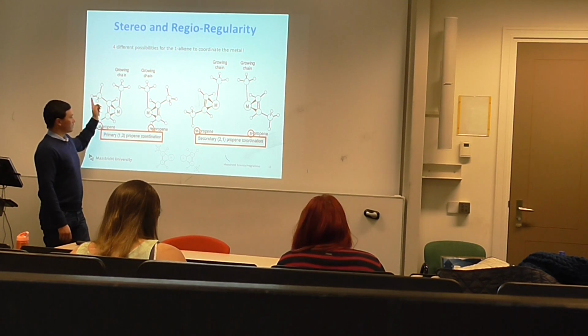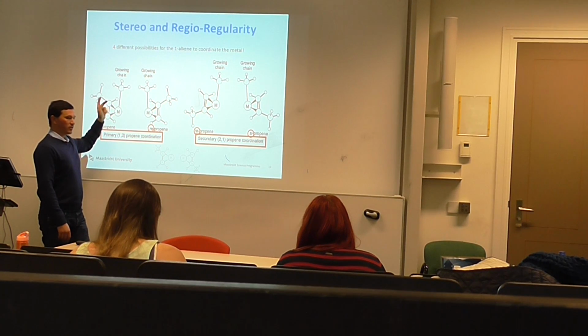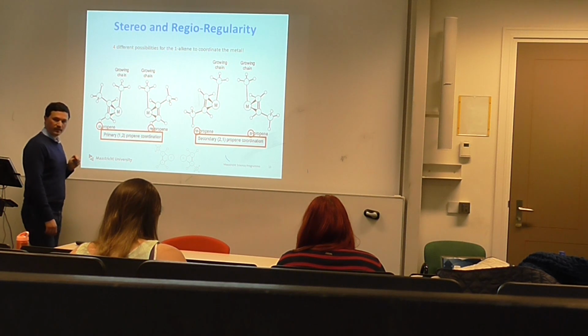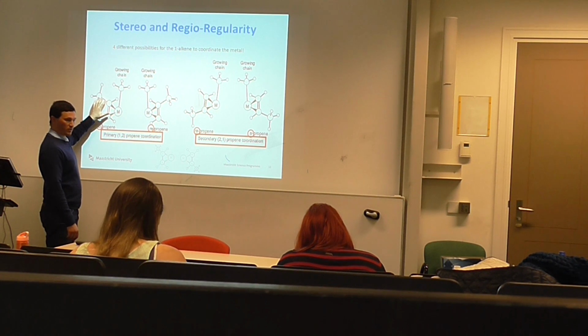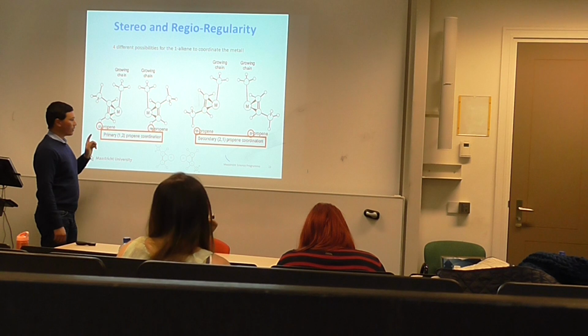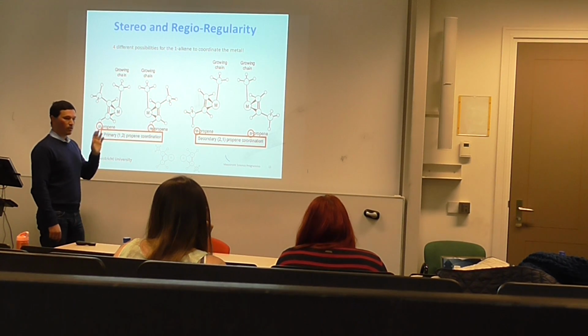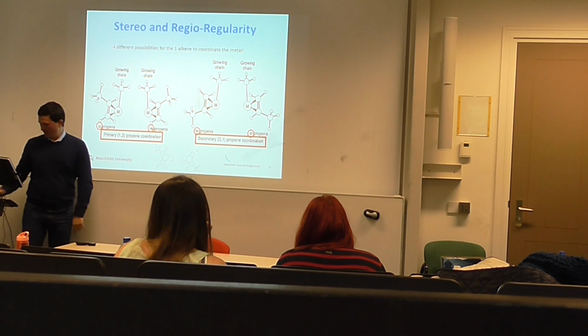If the metal points in one direction or another direction, you will have either the R or the S configuration over your chiral carbon. So if your active site inserts only in one way, always with the primary 1-2 propene coordination and the Si or Re face, always Si or always Re, it is going to be isotactic.